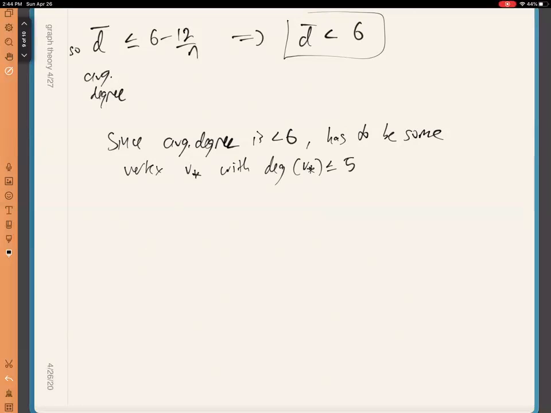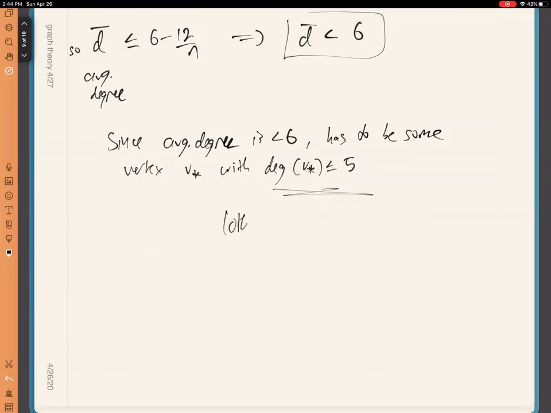And so that's basically the end of the argument. Remember, why does that have to be the case? If the average is strictly smaller than 6, then since the degrees of the vertices are integers, there has to be at least one vertex of degree less than or equal to 5. How could this fail? It could fail only if all vertices had degree bigger than or equal to 6.